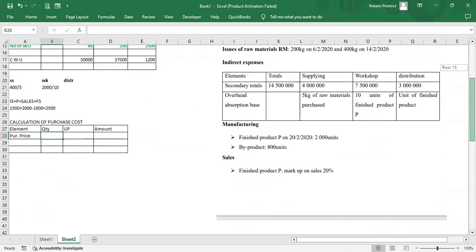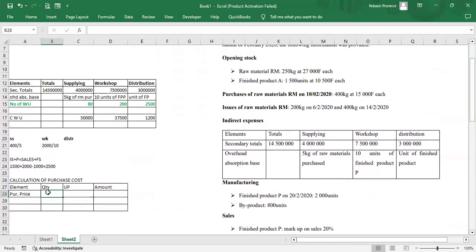Yes, sir. What would that be? 6 million? Let me multiply from here. It's easy here. No stress. 6 million. And then we have indirect expenses.